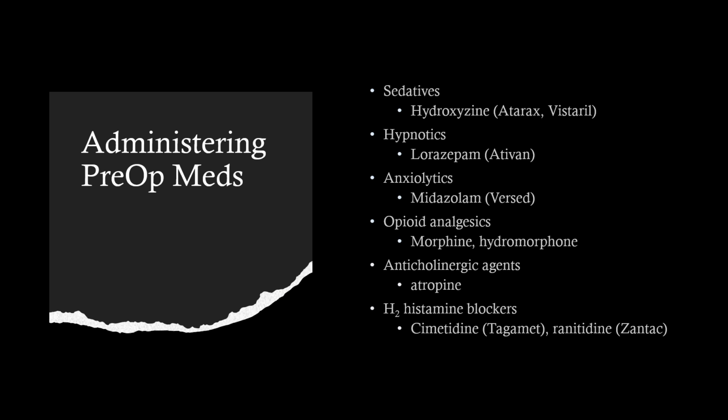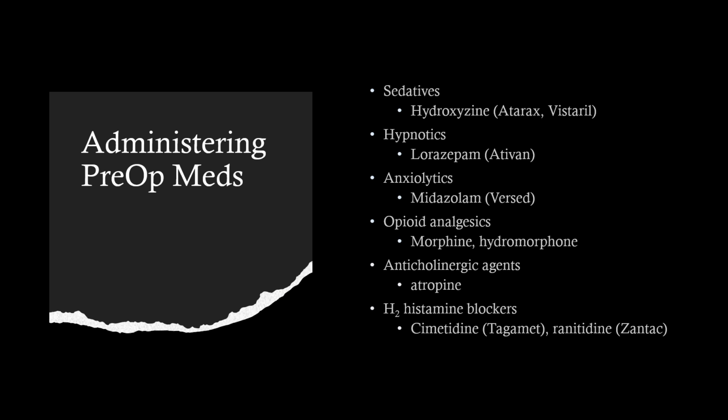You'll see that one a lot, and it's a sleep-inducing medication. Versed is an anti-anxiety medication. It's given a lot of times preoperatively to help the patient relax before surgery. And then you'll see some common opioids such as morphine and hydromorphone, also known as Dilaudid. Those are pain management medications.